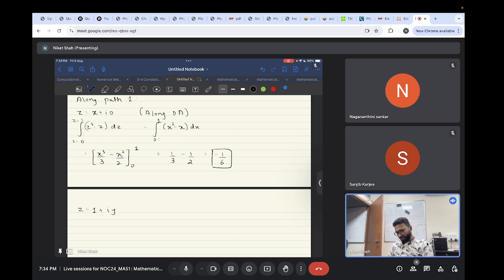So now I'll perform the integration again. The integral is z square minus z. So what is z square here? z square is 1 minus y square plus 2iy, minus z, minus 1 minus iy, into i dy, because dz is equal to i dy.